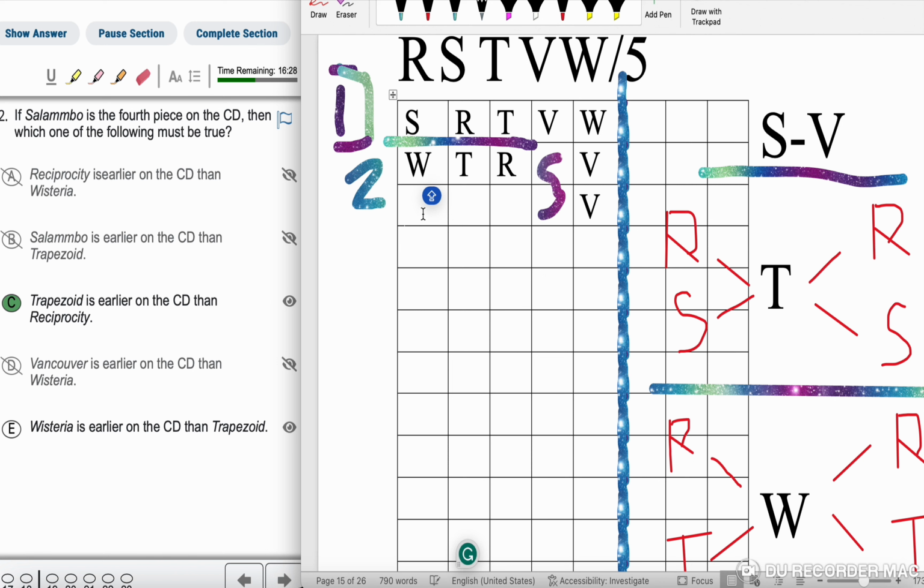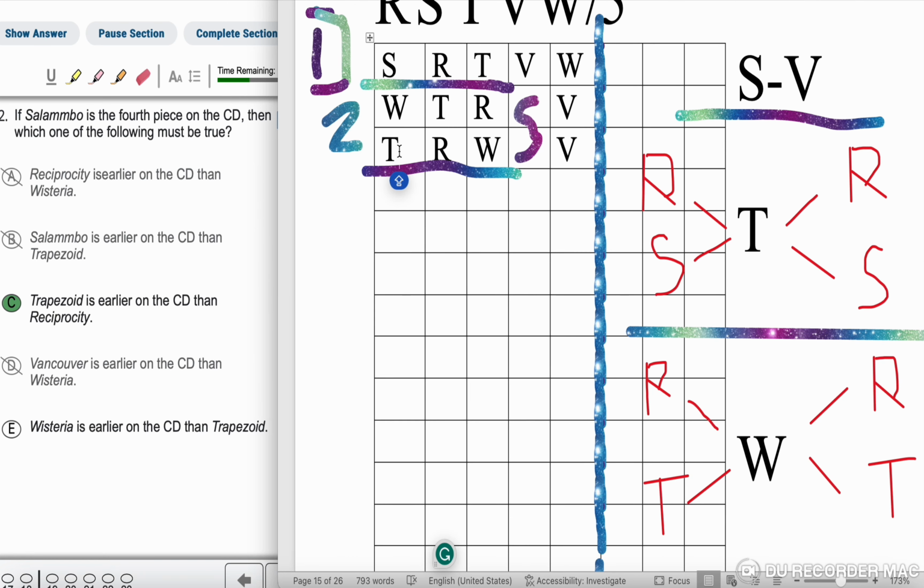Let me see if I could change this information right here about the T and R. So now I created another world where it's WRT. Now I created a second world where it's rearranged, but it still meets the conditions.